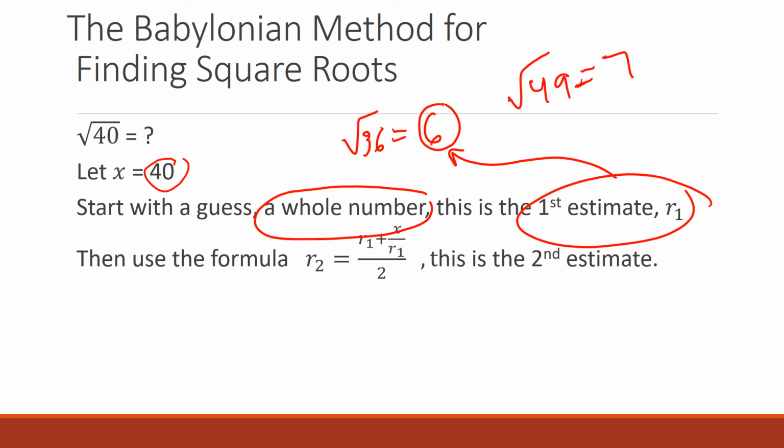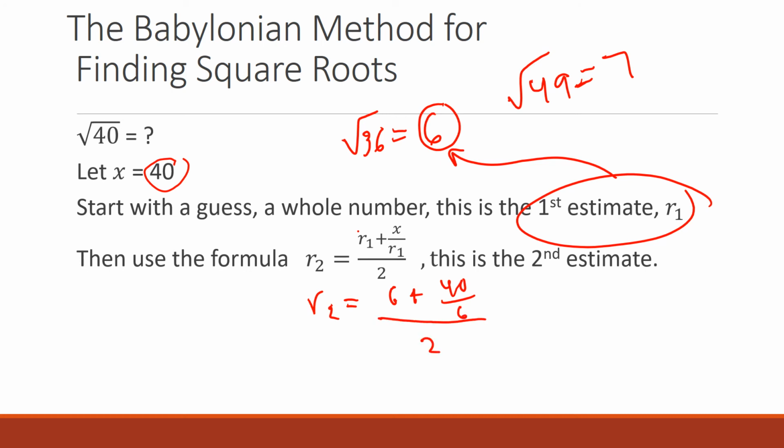Then we're going to use the formula R2. R2 is R1 plus our original X divided by R1, all divided by 2. So R2 is going to be 6 plus 40 divided by 6, all divided by 2.